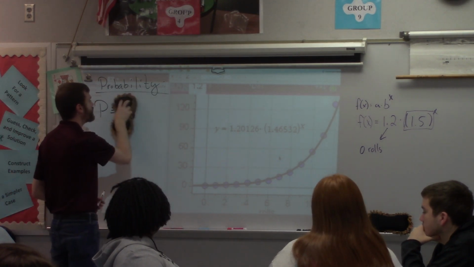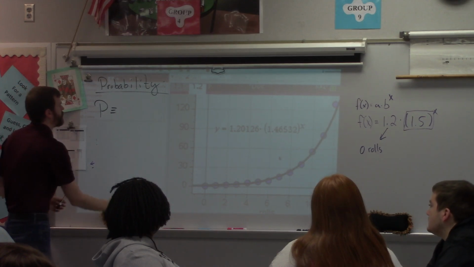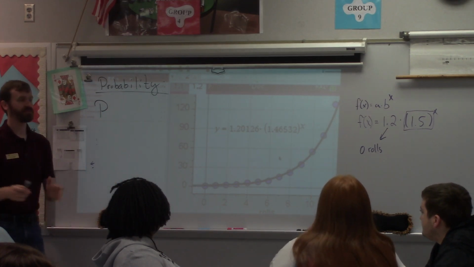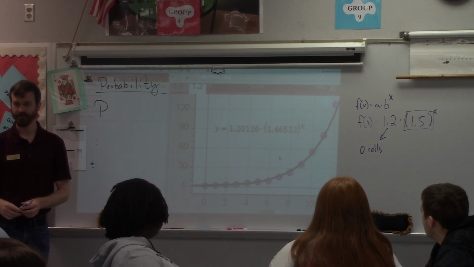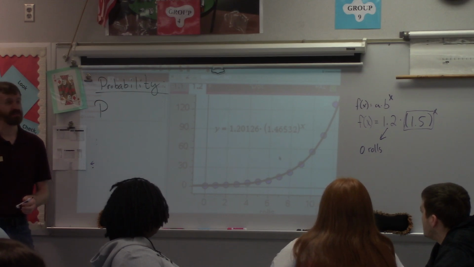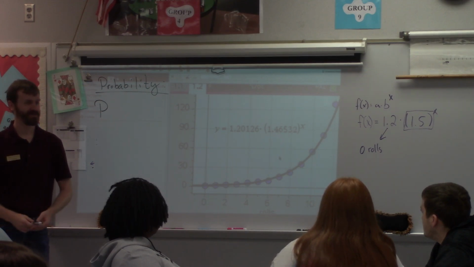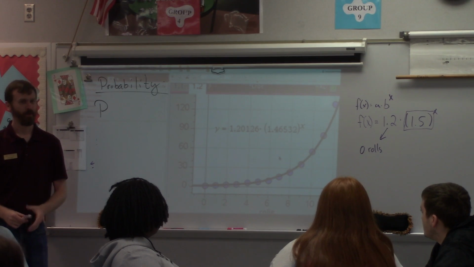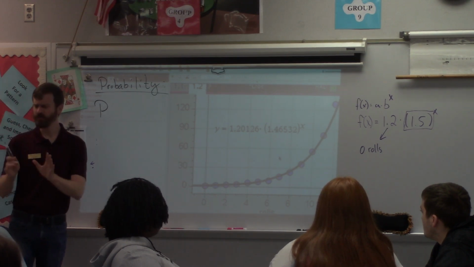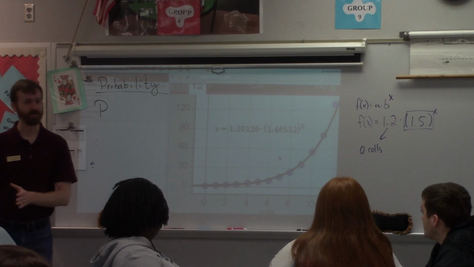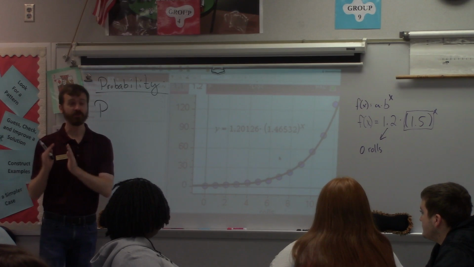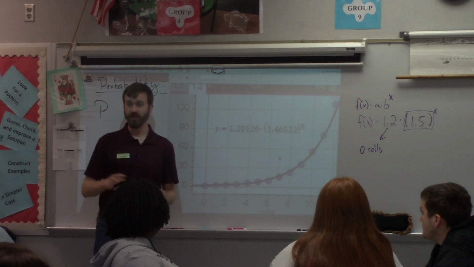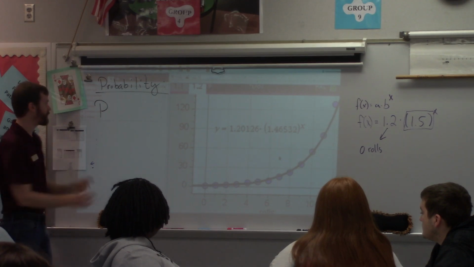What is the probability of the dice growing? Your dice, what was the probability that it would find a friend? What numbers did you roll? What numbers did you need to roll in order for it to replicate? 4 through 6. Of the total number of dice, so there were 3 numbers, right? 4, 5, and 6.